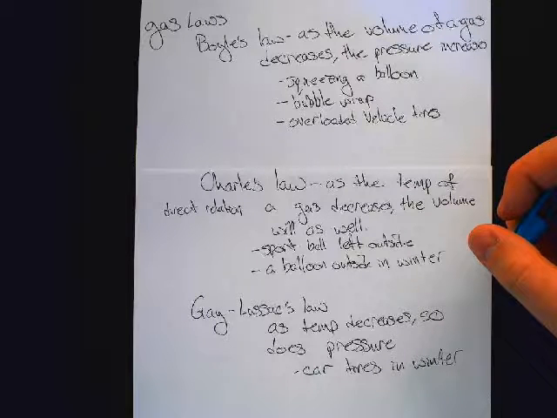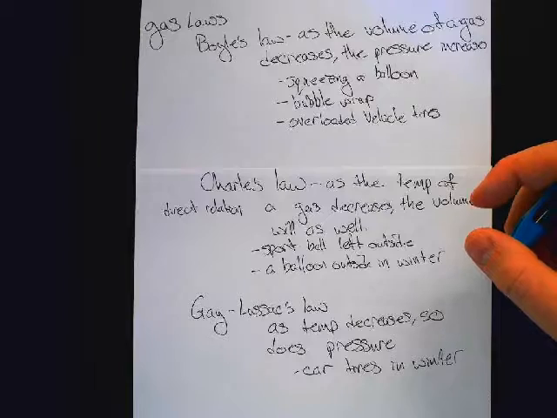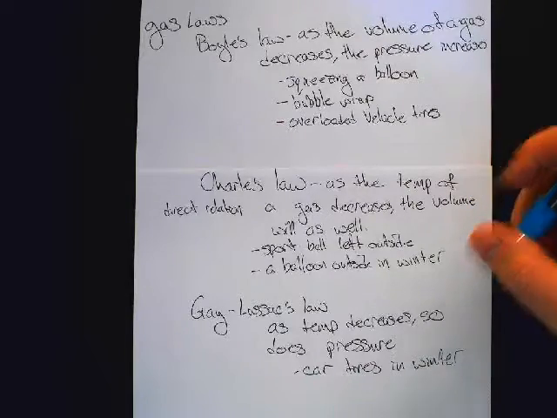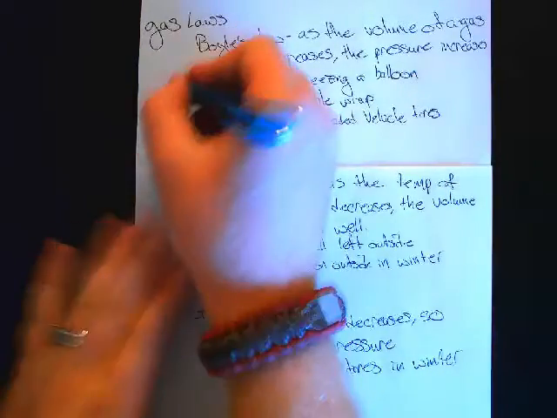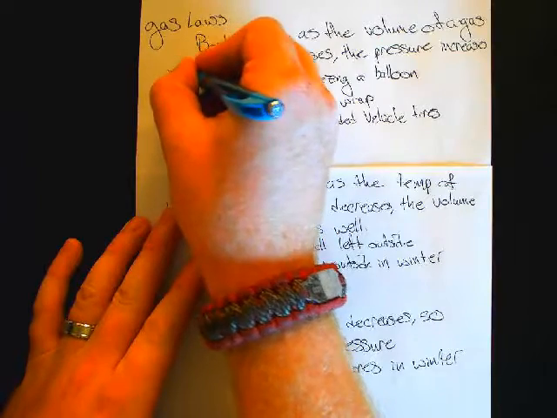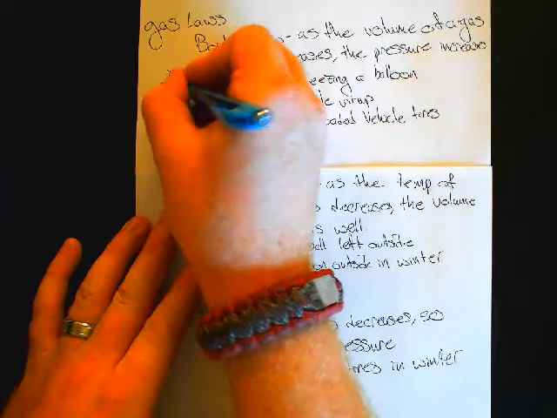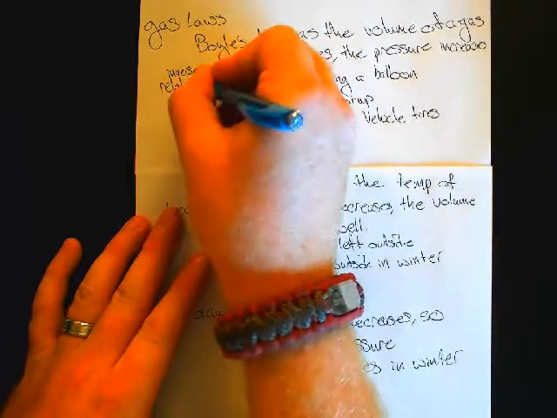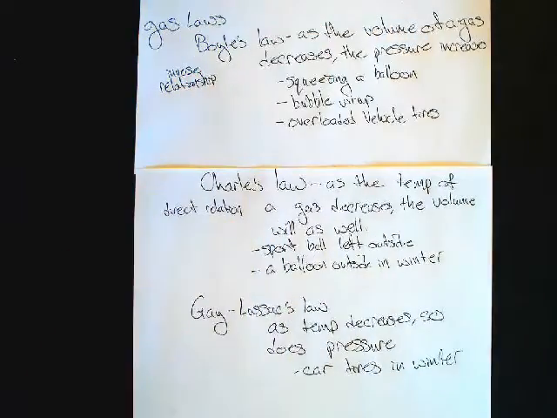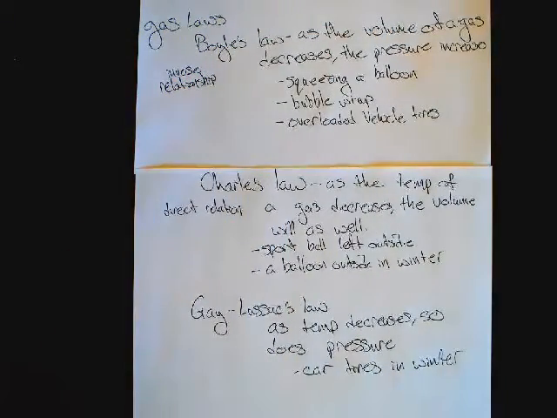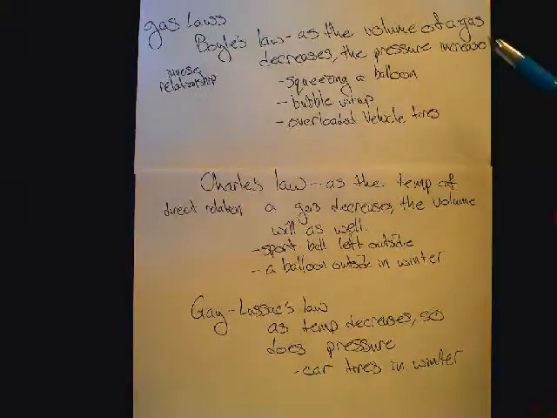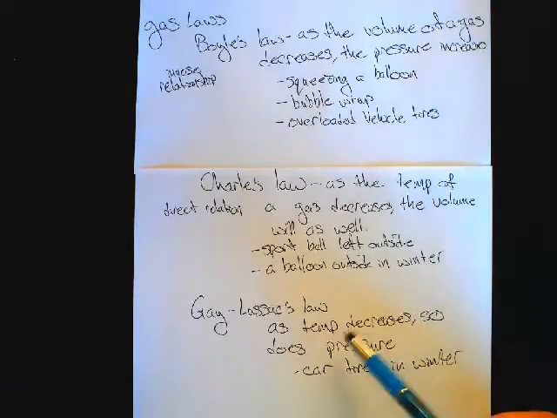How about an inverse relationship? Do any of them have an inverse relationship? Maddie? Right. Boyle's is going to be an inverse relationship. And what does that make Gay-Lussac's law? Say again? As one goes up, the other goes down. But Gay-Lussac says as one goes down, so does the other. So direct.